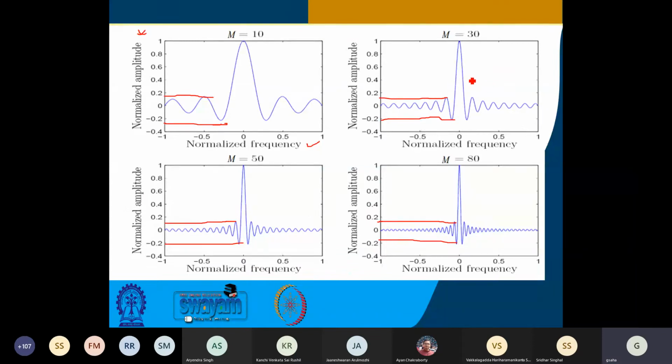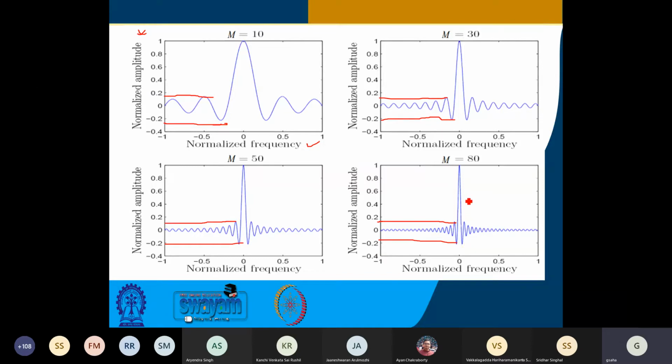Yes, it is becoming more like an impulse, but these ripples or the side lobes that are there, they hang around. They don't die away, they don't go away. They also come closer, and their amplitude, their magnitude, remains the same. If you look at the scale that we have plotted here, that is remaining unaltered.